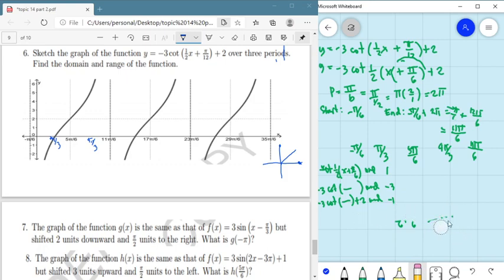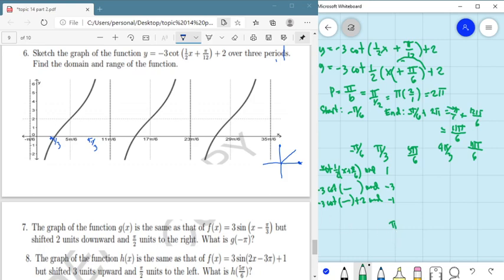Then next, when x is 5 pi over 6, so 5 pi over 6 plus pi over 6 is 6 pi over 6 or pi times 1 half. That would be pi over 2.